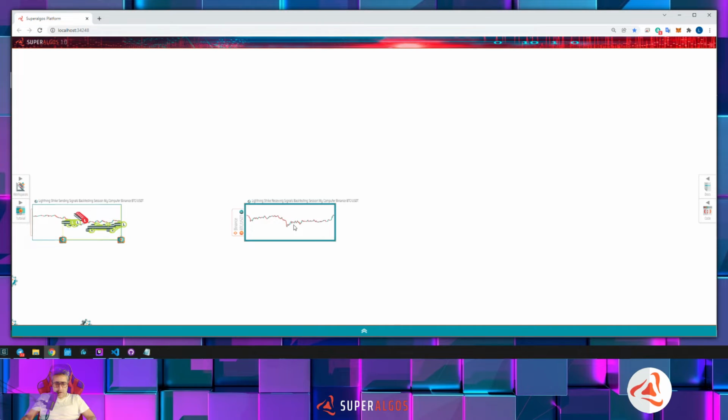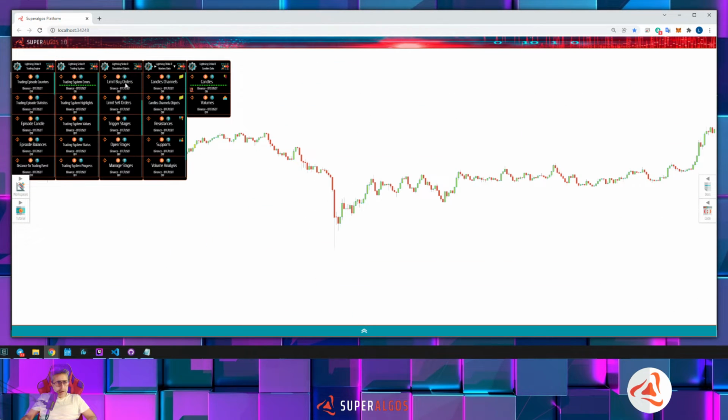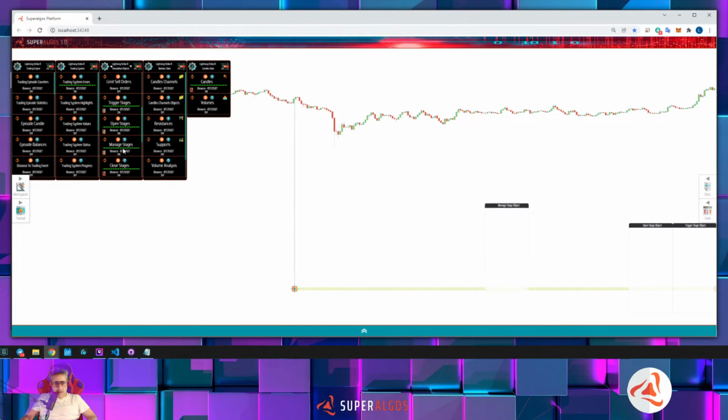I don't know what's going on. Episode, it shows me this. Strategies. So show me the strategy. Trigger stage, it doesn't show me the trigger stage, which is very strange because we touched nothing about that. Open stage, manage stage, close stage.